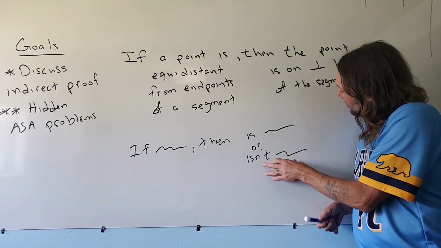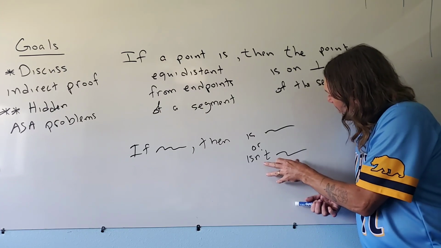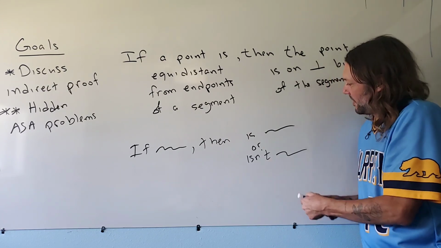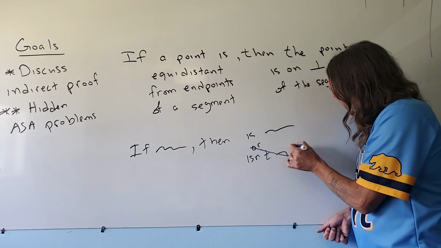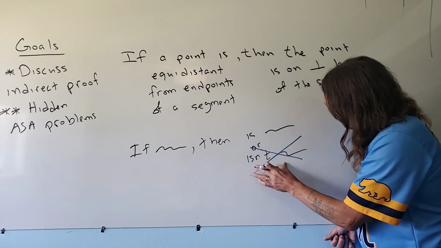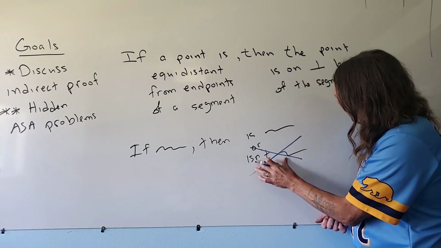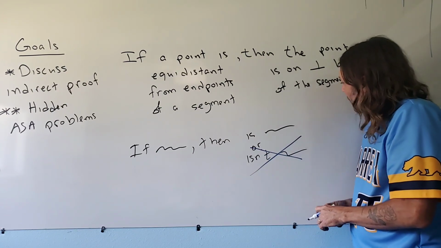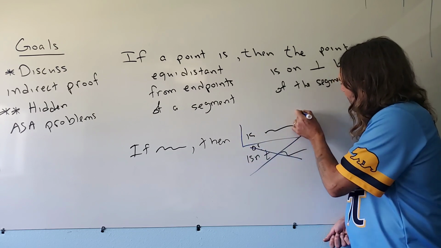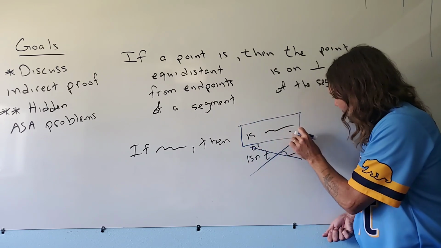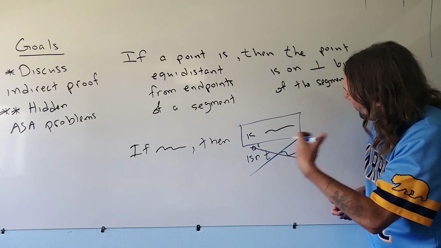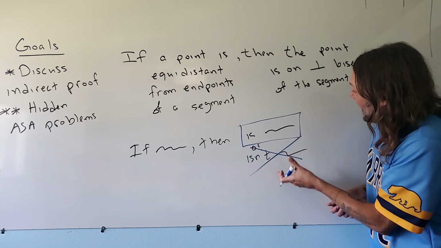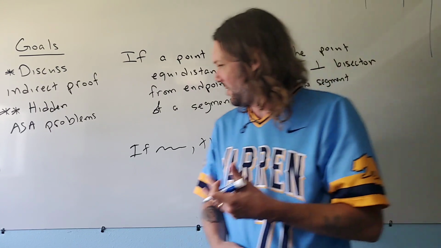And when we catch it in a lie, that means that this is not possible at all. And so we realize that this can't happen. So the indirect concept means that since we argued that something false has to happen when we assume this, since this can't possibly be true, it forces the only other possibility to be true. So you indirectly argue that something is true by arguing that this only other possibility can't be true. And that's what they mean by indirect proof.